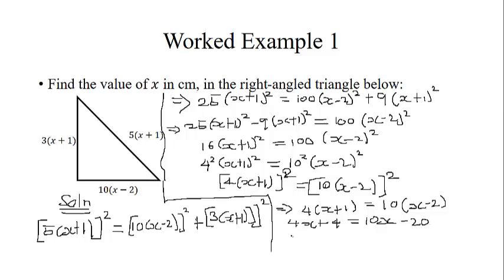So grouping like terms, we have 10x minus 4x is equal to 4 plus 20. Now we simplify this, we get 6x is equal to 24. Hence x must be equal to 4.